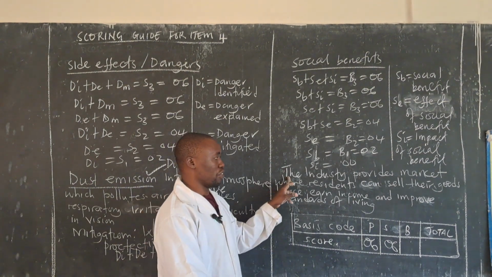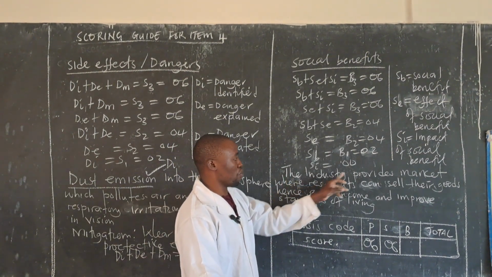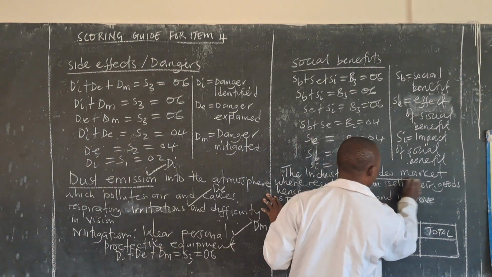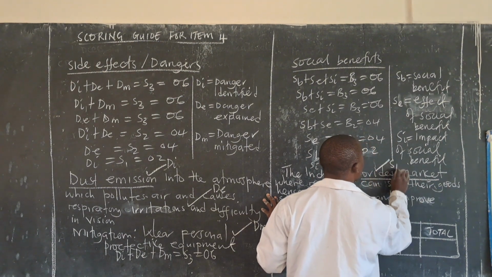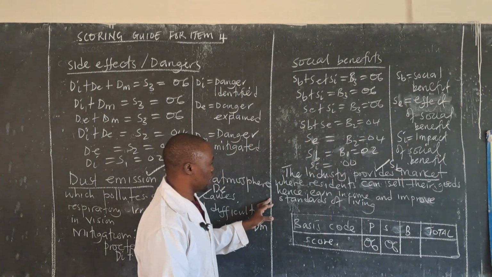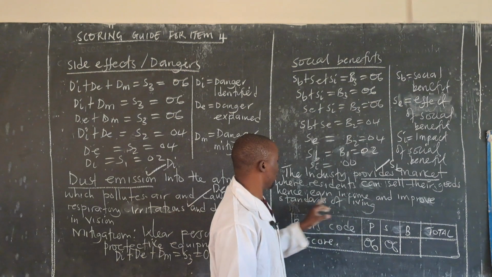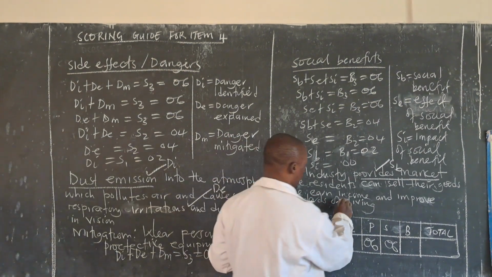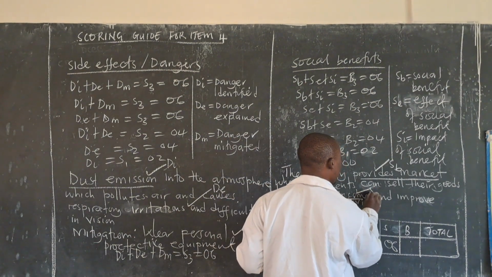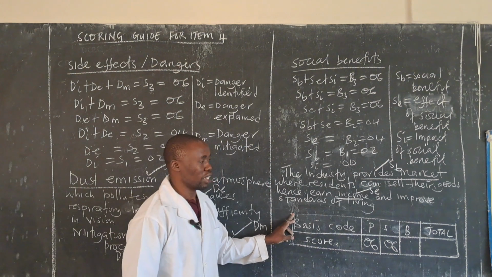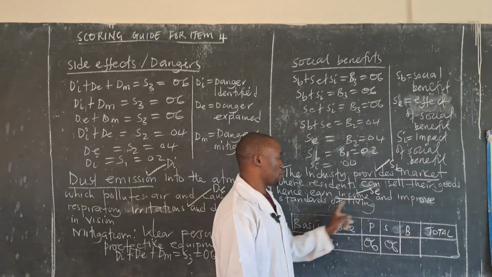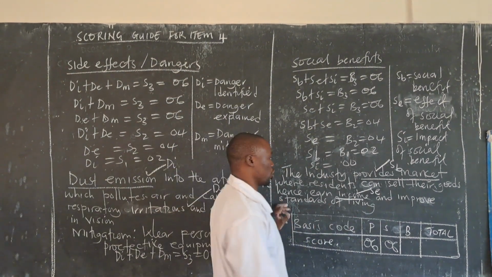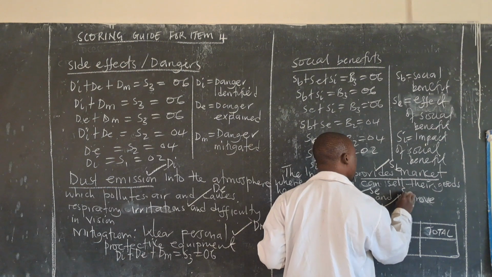So let us look at this response. The industry provides a market, so providing a market is a social benefit. Then, where residents can sell their goods and earn income. So earning income is the effect of the social benefit, and improve standards of living. So improving standards is the impact.